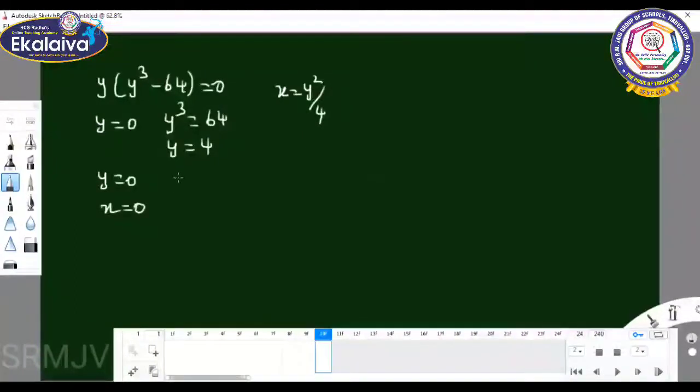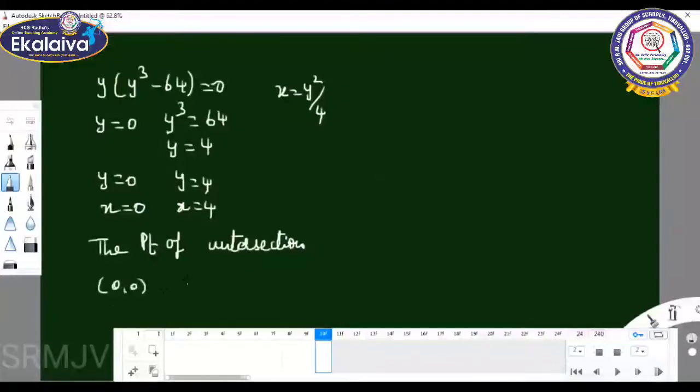For y equal to 4, x equal to 4. The points of intersection are 0 comma 0 and 4 comma 4.